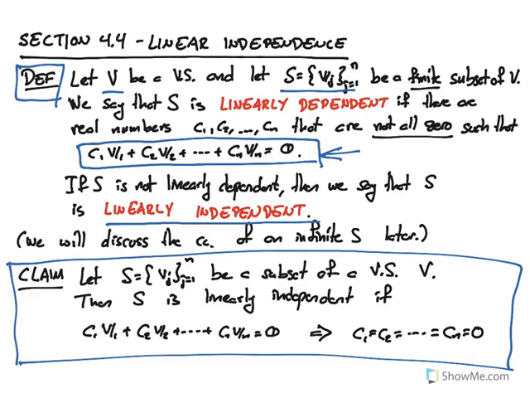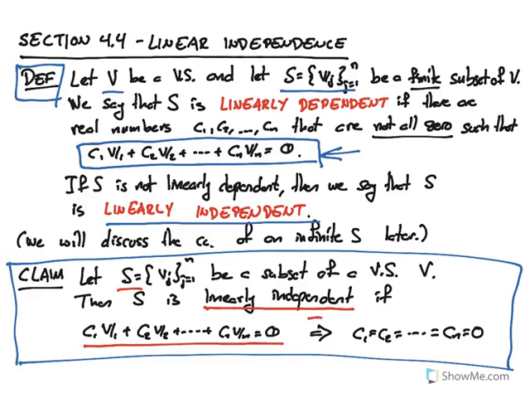If you want to directly define linearly independent, then it means the following: given a subset S of a vector space, S is linearly independent if, whenever you form a linear combination like this that equals 0, the only way this can be true is if every c_j is 0.